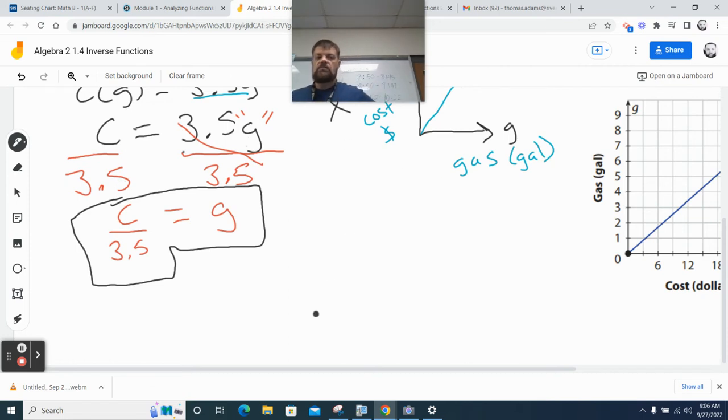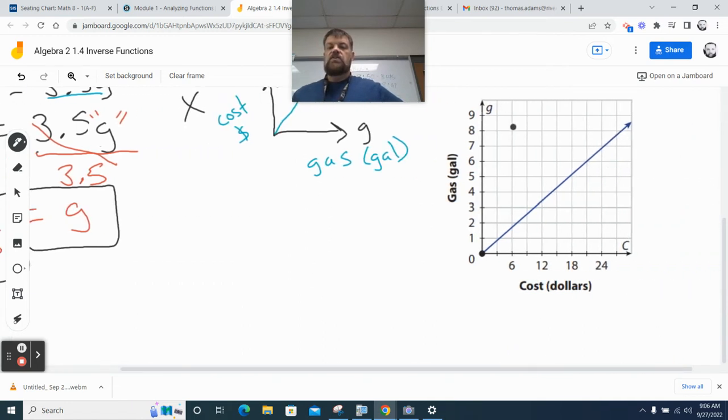Okay. And if you graph that, guess what it looks like? This. So this is G is equal to the cost per 3.5. So this function here, in other words, if I spend $20 in gas, let's write this out.